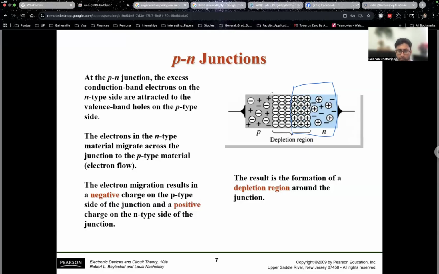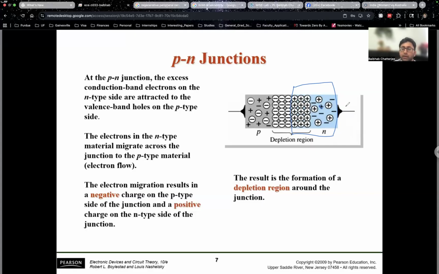Whereas the positive or negative signs that are not encircled are the movable ones, electrons or holes, whatever you have. Now for the p side, p-type semiconductor, you have more movable holes. So you have more of these plus signs and less number of movable electrons. So less number of these negative signs. On the n-type material, you have more number of these negative signs, that is movable electrons, but less number of movable holes. So this is just the only scenario where you have a movable hole.